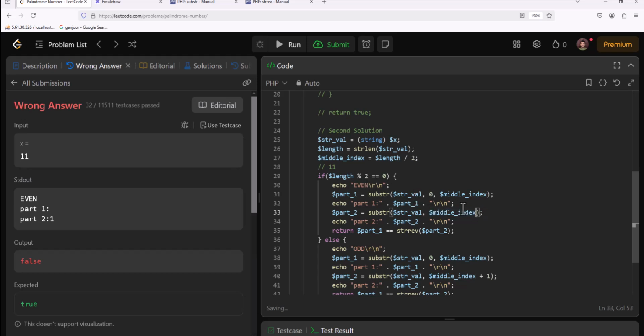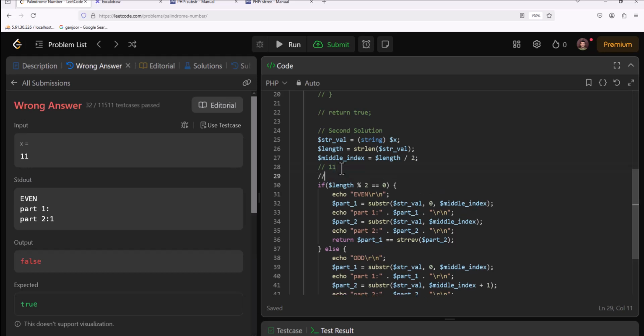Okay, for example, another one would be this. So 4 divided by 2 is 2, and it will take 0 till 2, and then 2 until the end. I'm not sure, but we can check.